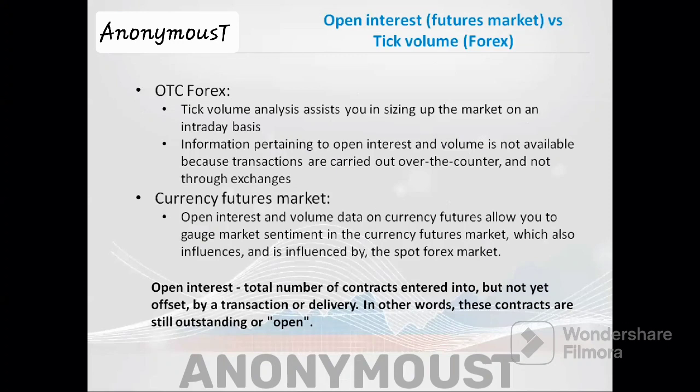So the more open interest, the more the volume, the more the participation, and the more the liquidity, and more movement can be expected in that currency, stock future or gold future. It can be anything.